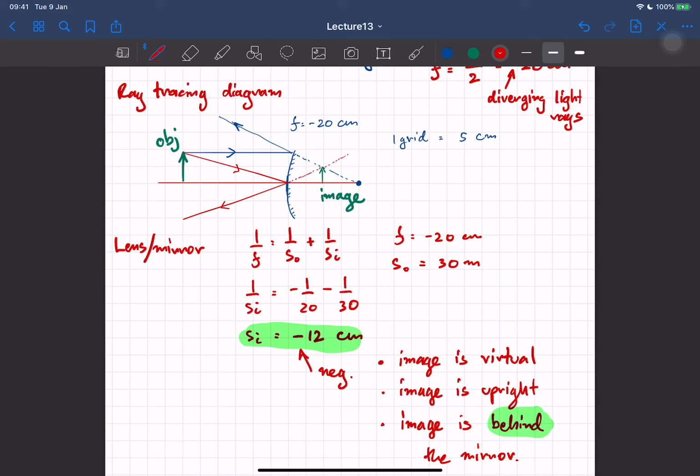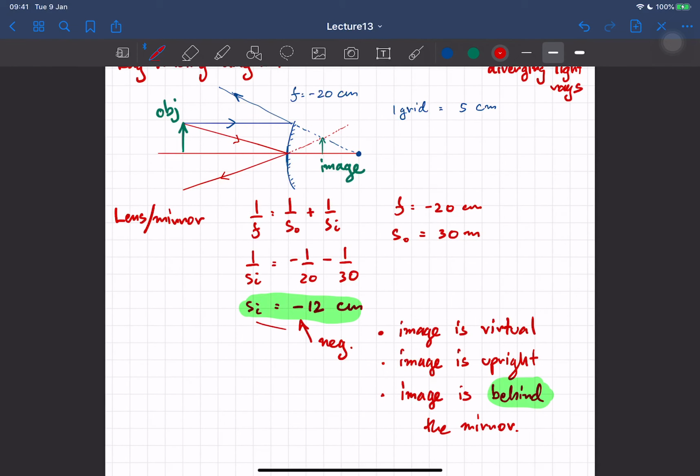Right? So that's the only thing you need to be careful about when you talk about the image for the mirror. If you have a virtual image, the image is behind the mirror. If you have a virtual image, the image is on the same side as the object for the lens. Okay, so lens or mirror, that's going to make the location of the image different.